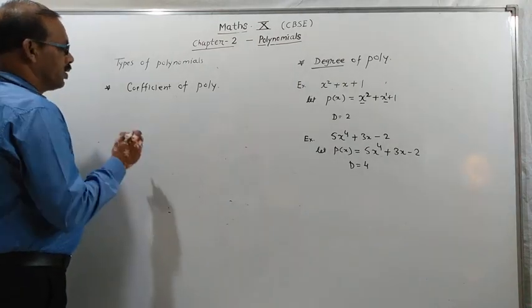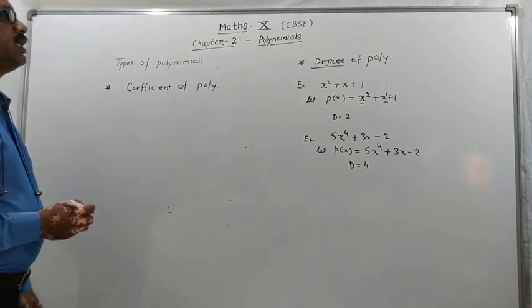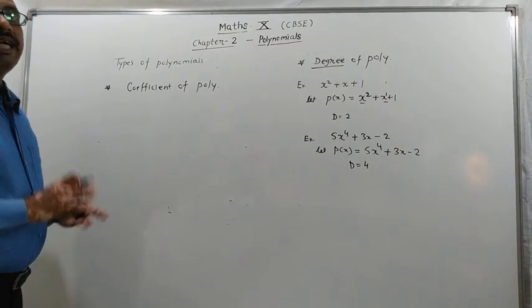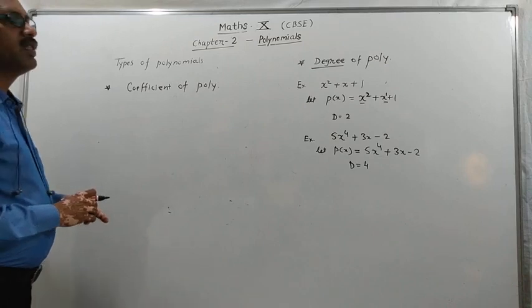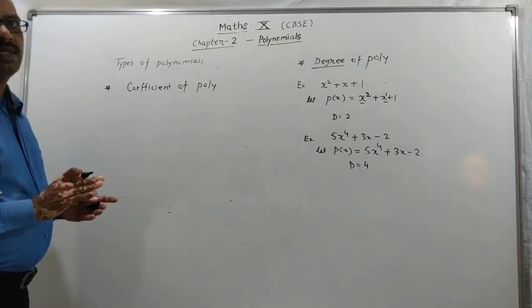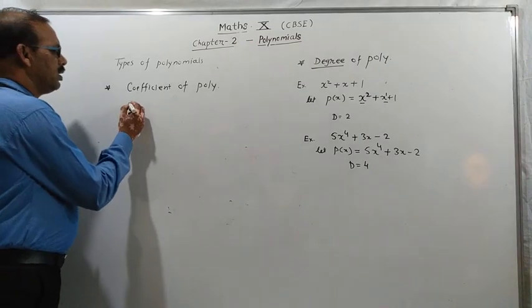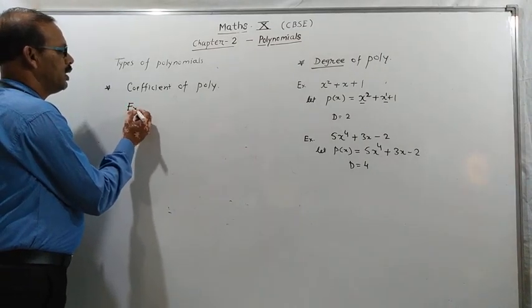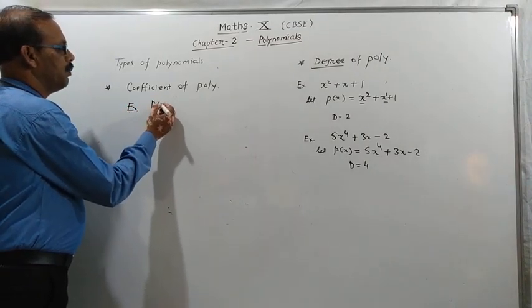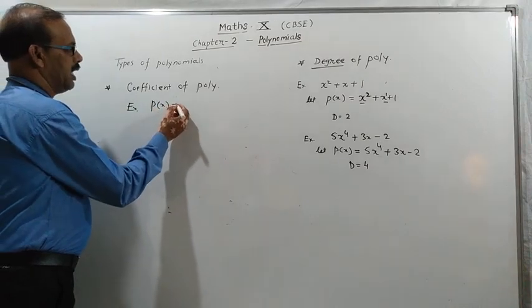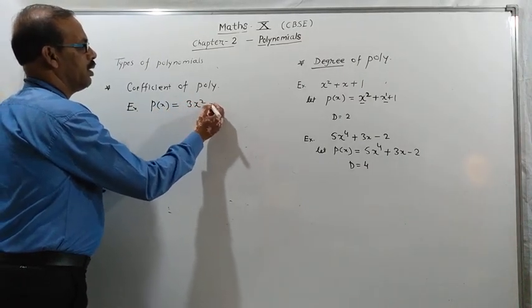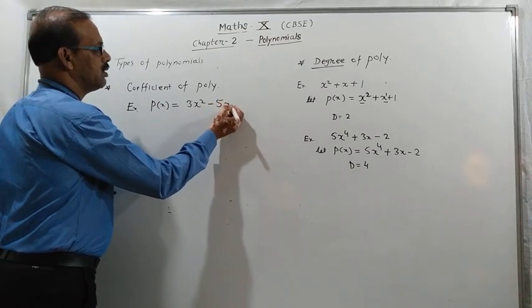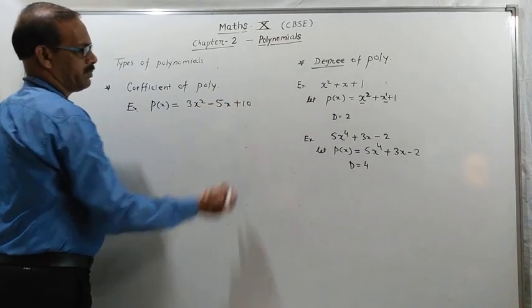The coefficient of any polynomial is said to be the integers which are in multiplication form with the given variable. If we take one example, let us consider one polynomial represented by p of x, that is equal to 3x square minus 5x plus 10.